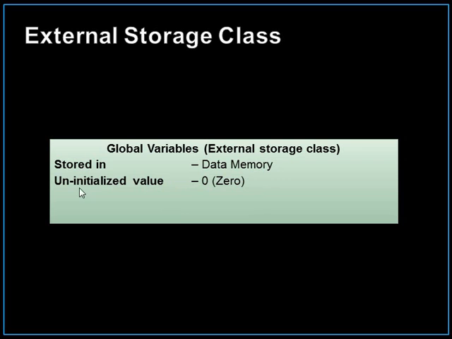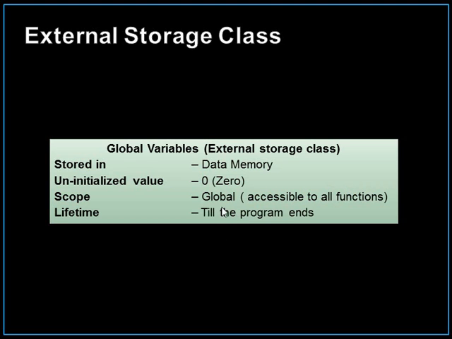When you declare an external variable or a global variable, it is always initialized to 0, right? When you don't initialize the value, it gets automatically initialized to 0. The scope is global. It is accessible to all functions, or in all parts of the program, and the lifetime is until you end the program. Those live on. You can access them till the end of the program.